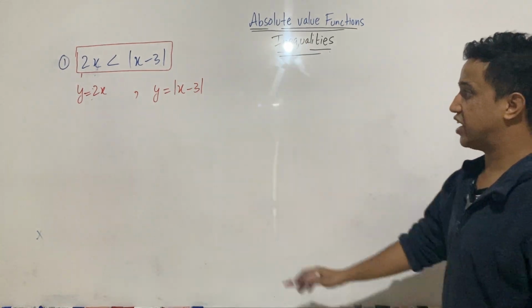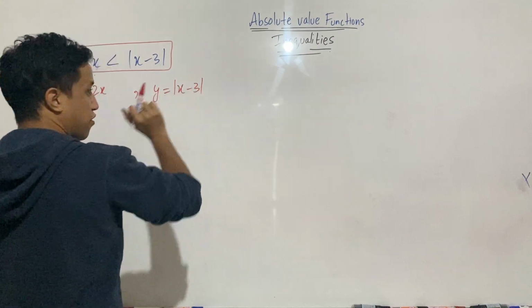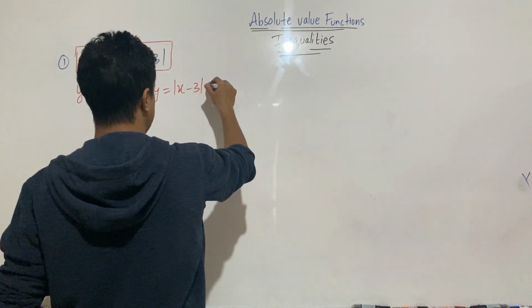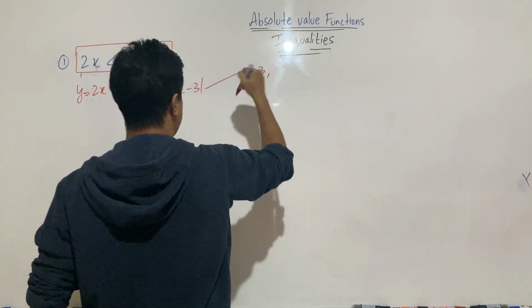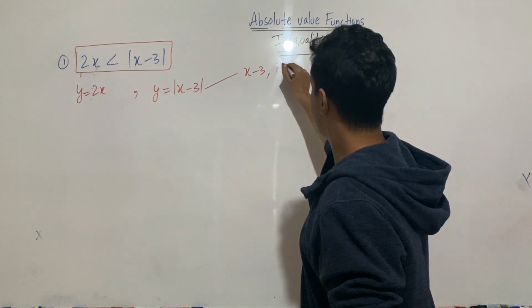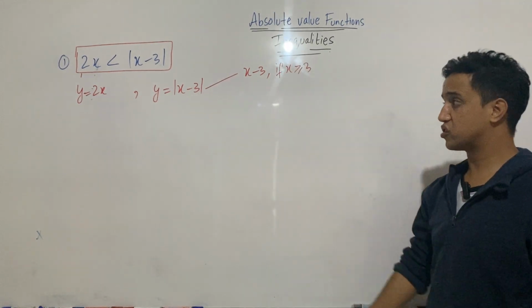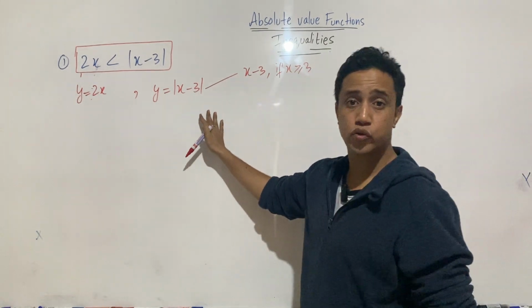For the function on this side, it is going to be x minus 3 if x is greater than or equal to 3, because that's how we solve these absolute value functions.